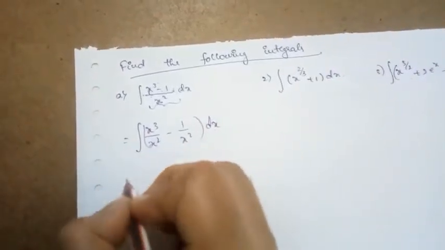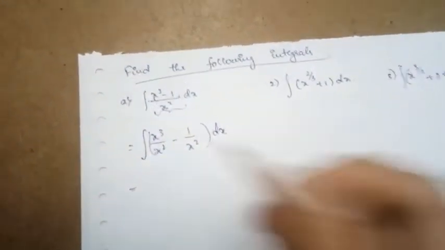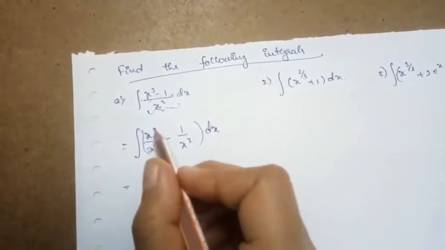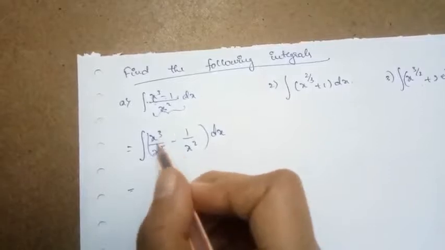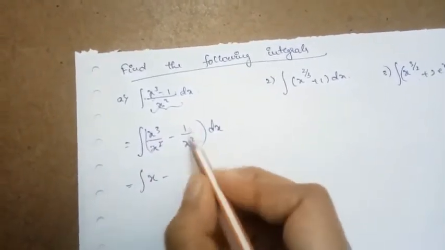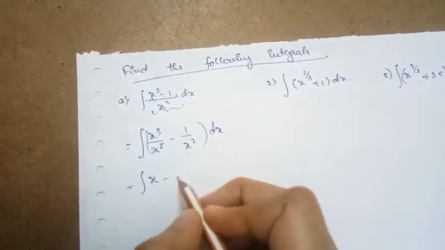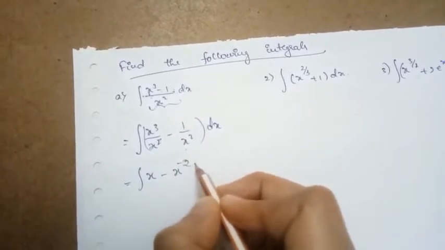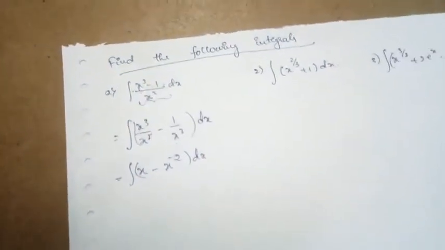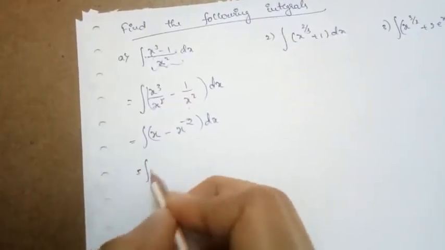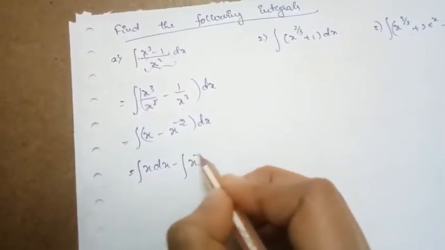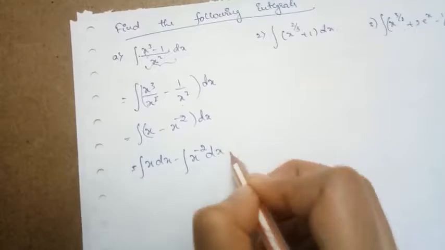Here x square cancels from x cube, so the remaining is x itself, minus 1 divided by x square, which I can write as x to the power minus 2 dx. By the algebra of integration, I can write it as the integration of x dx minus the integration of x to the power minus 2 dx.